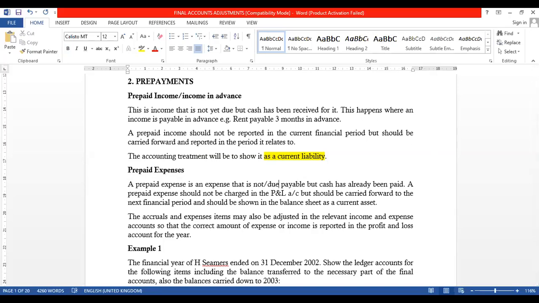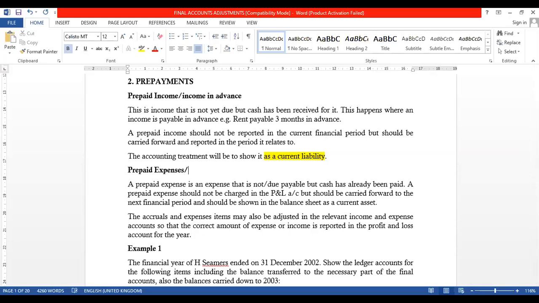For example, we are supposed to pay for electricity every year, right? Or every month. If again you pay for October, November, and December, and we are in September, you will have paid that money in advance. It is not due for payment, but you have already paid it.